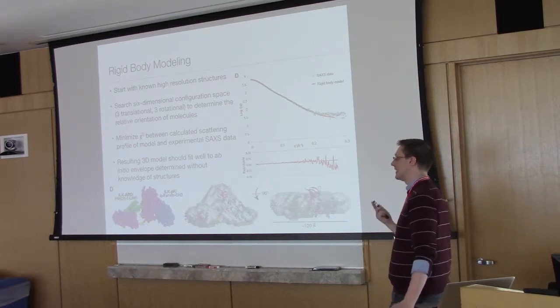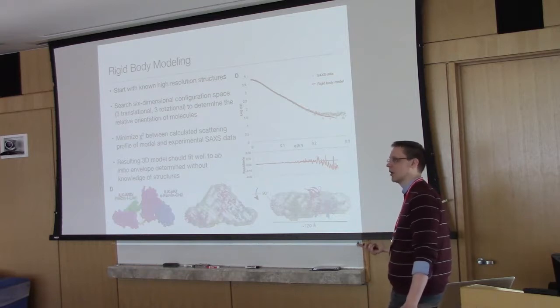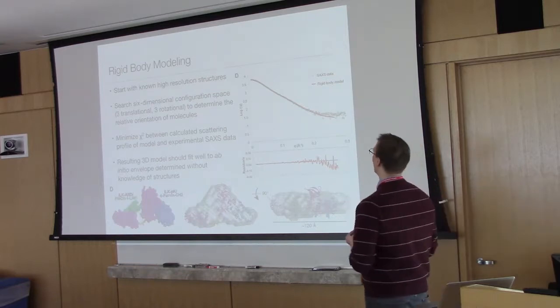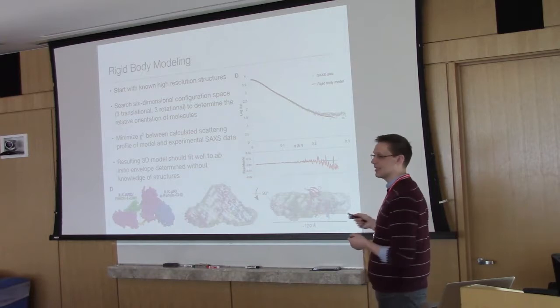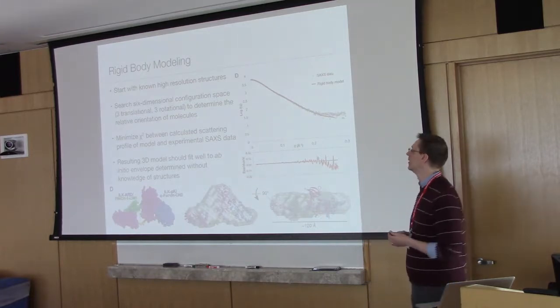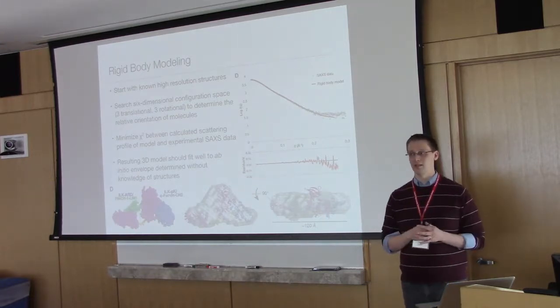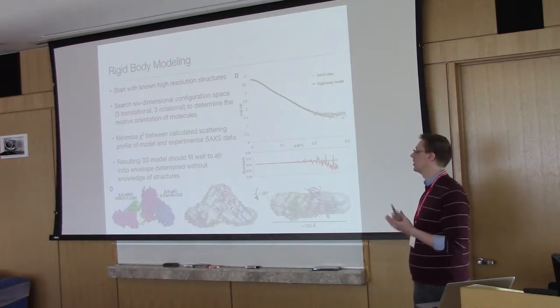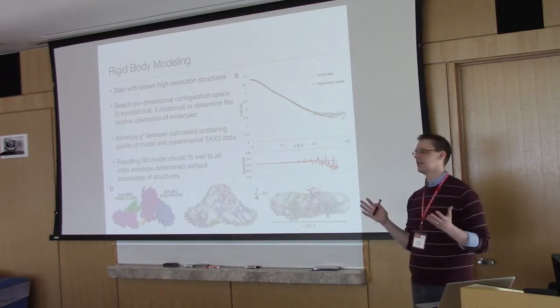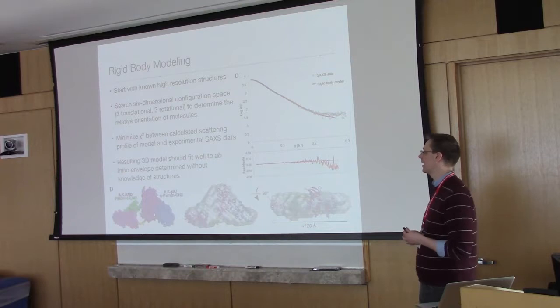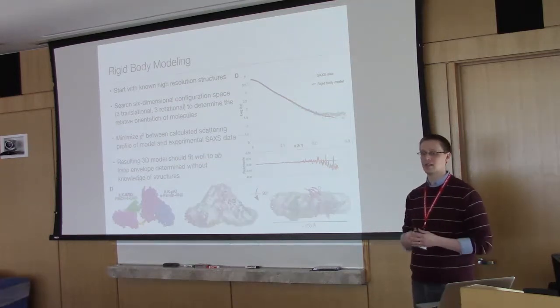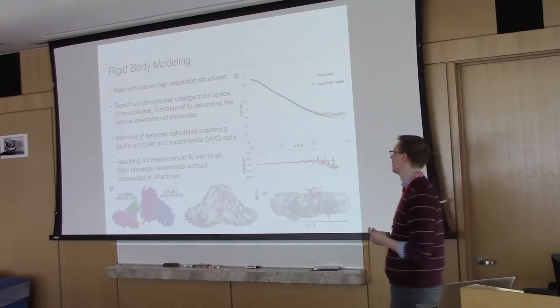And so ideally a chi-squared should be 1, in the perfect world. But it also depends on how noisy your data is, how high of a resolution it goes, and how well your errors are calculated. So, you could have perfectly legitimate models that have chi-squareds of 3 or 9.